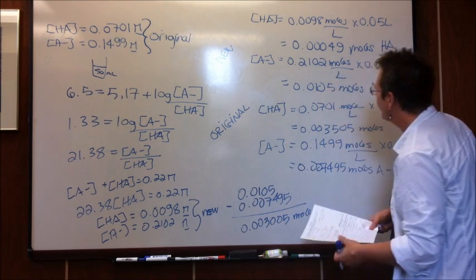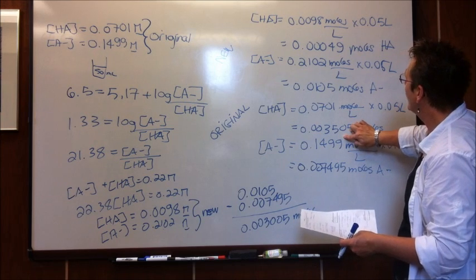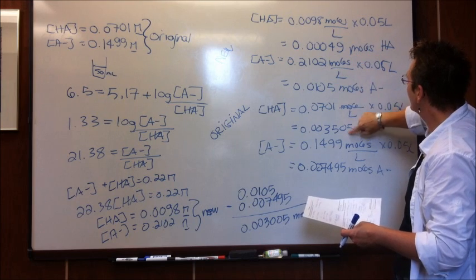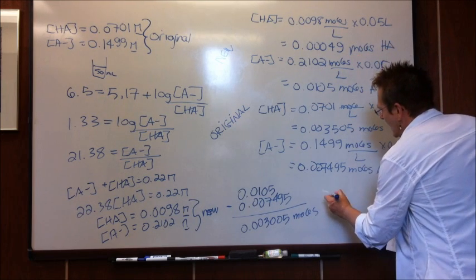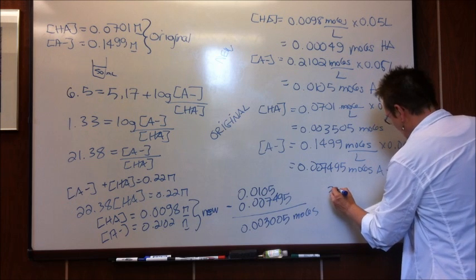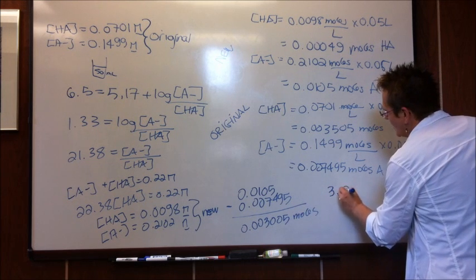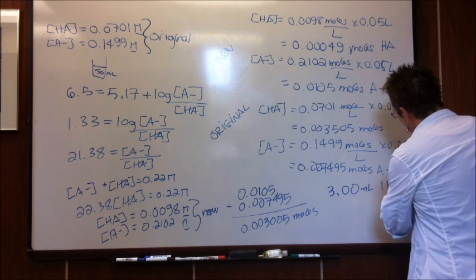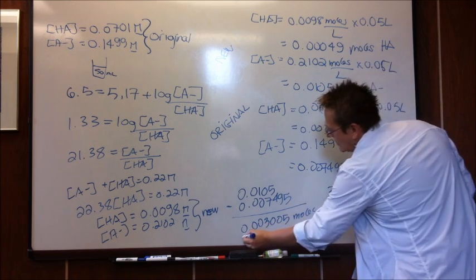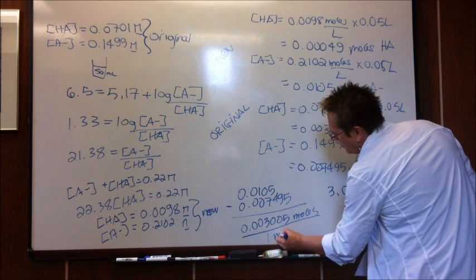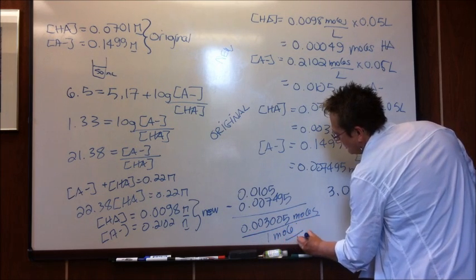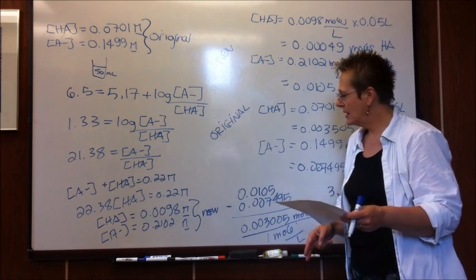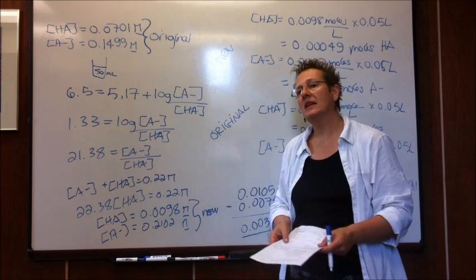You should get the same difference, but in the opposite sign, for the HA: final moles of HA minus original moles of HA. And so this is equivalent to 3.00 mils of 1 molar NaOH. I took the number of moles I had divided by the 1 mole per liter solution. So 0.003 liters is 3 milliliters. Okay, that was the one that was similar to what we did in class.